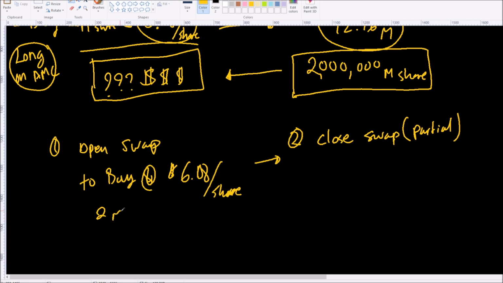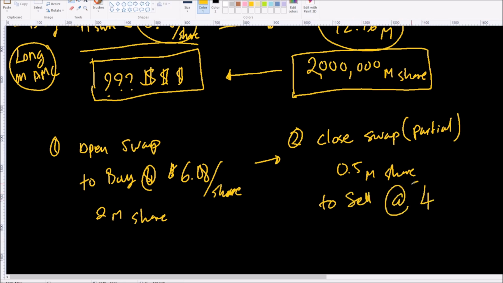This one is 2 million shares. This one is 500,000 shares to sell. Oops, not buy, but sell at $4.47 per share. Do you see what that does?